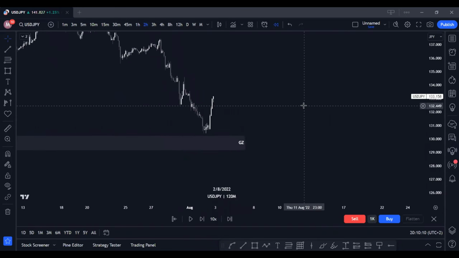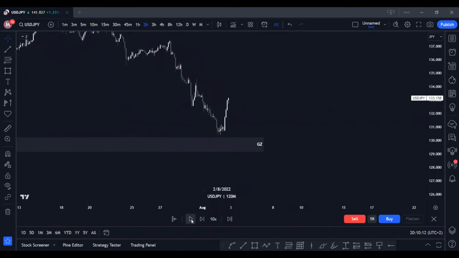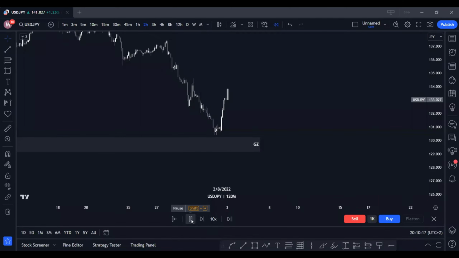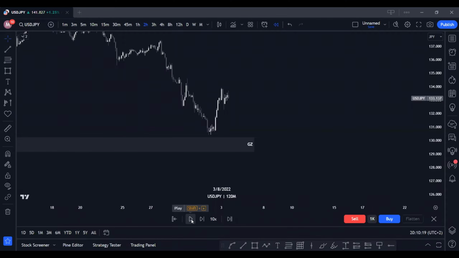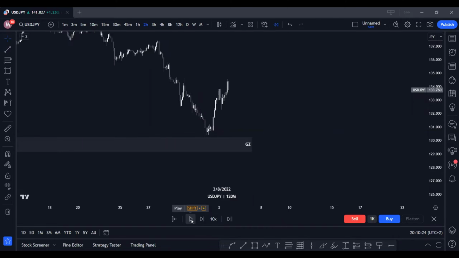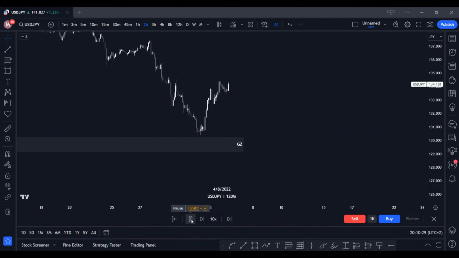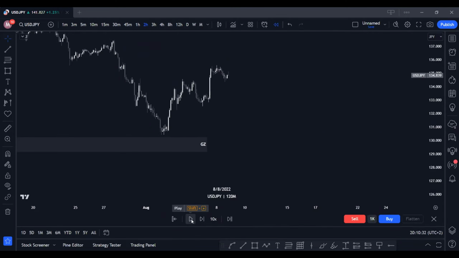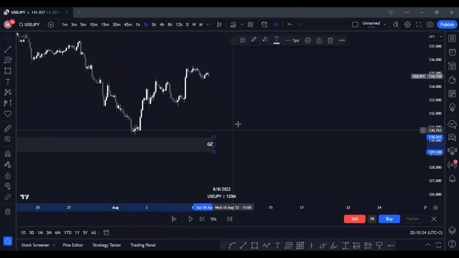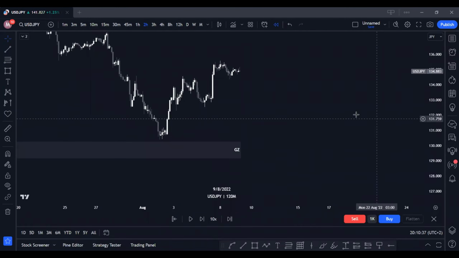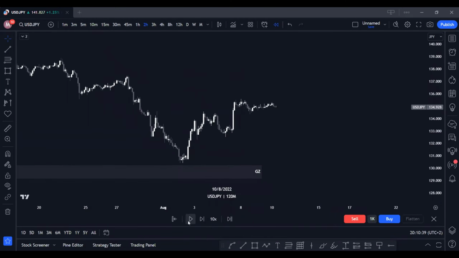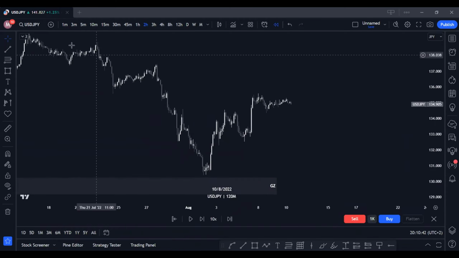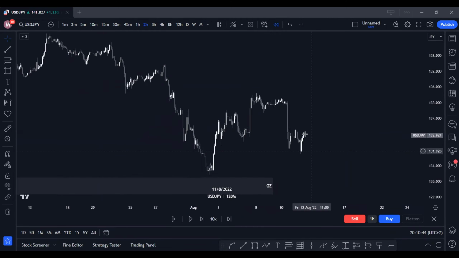So price just turned right above our golden zone area. So let's just play price. As you can see there, price gives us our confirmation entries, whereby price was in a counter trend moving towards our golden zone area.